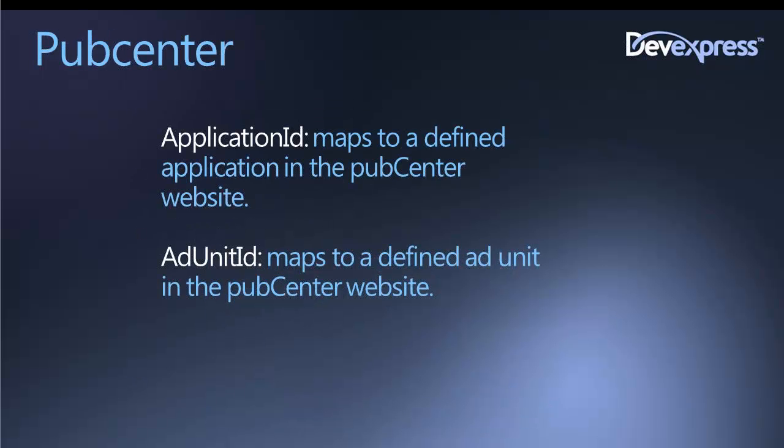A couple of terms I wanted to go over up front. These are two of the key parts. Whether you're doing Silverlight or XNA, you're going to need an application ID and an ad unit ID. And what these are, which I'll show you in just a minute in the PubCenter site, these are what map to the actual information that you provide PubCenter. So when you first want to set up your app or your game to do ads, you need to visit PubCenter and sign up, and then you're going to create an application, and I'll walk you through all of that in just a moment.